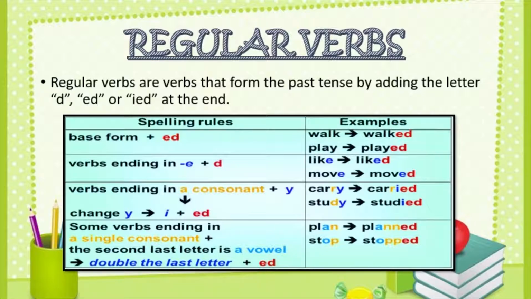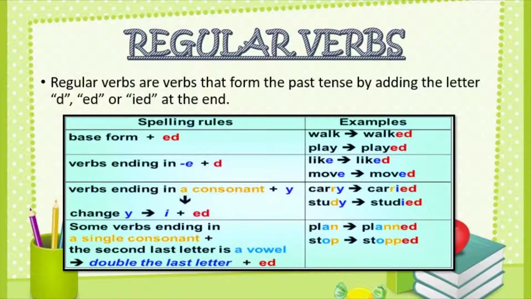And the fourth, some verbs ending in a single consonant, where the second last letter is a vowel, you double the last letter and add ed. For example, plan. Plan at the end is consonant, right?